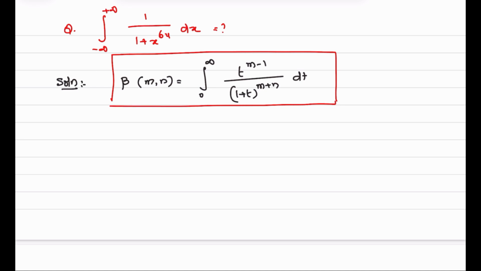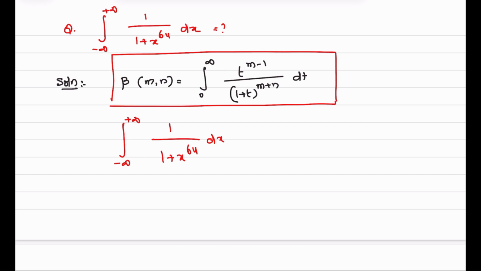Here, what we have to find out is the integral from minus infinity to plus infinity of 1 by 1 plus x to the power of 64 dx.